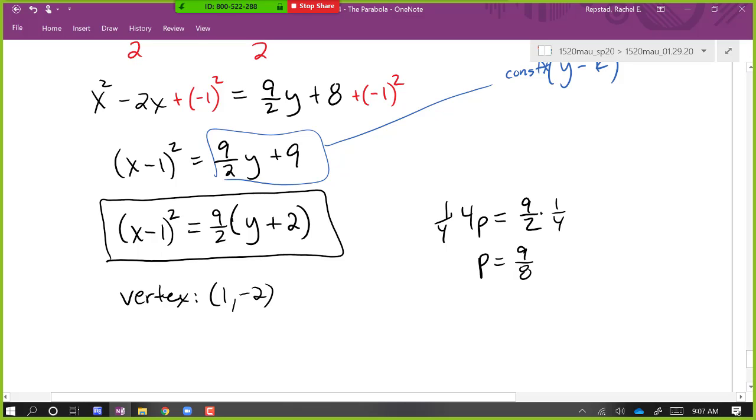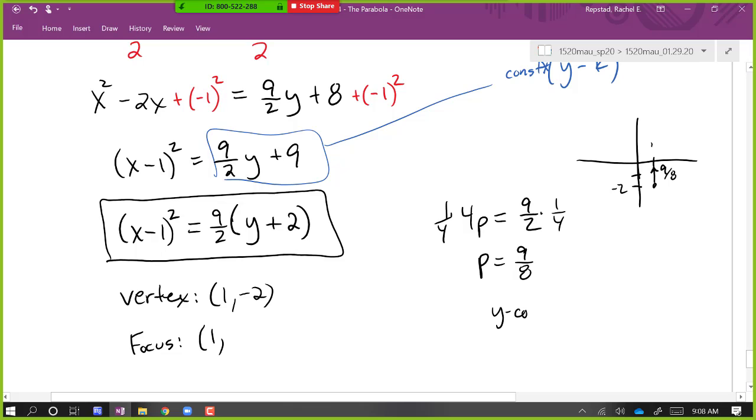So that means that starting from the vertex, I'm just going to go 9/8 units straight up. So the focus will have the same x-coordinate as the vertex, right? Like if here's the point (1, -2), I'm going to go up 9/8. So the focus is going to have the same x-coordinate.